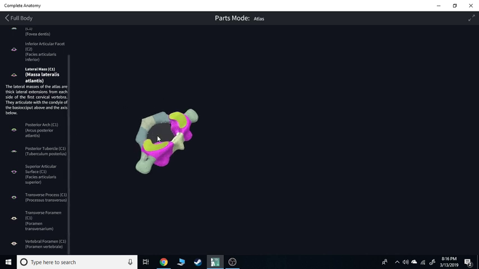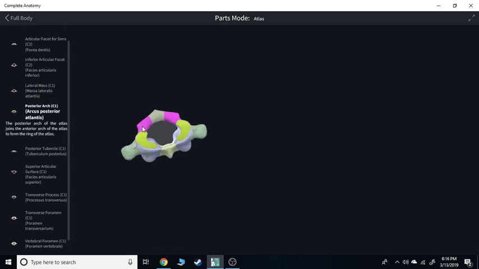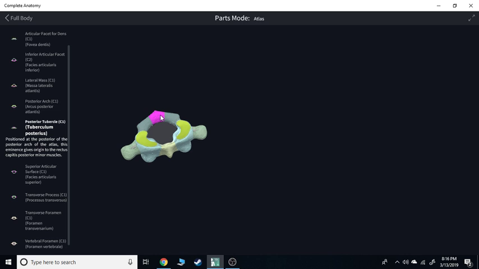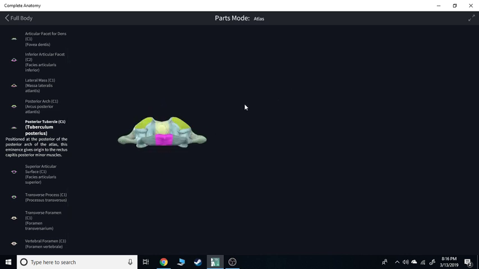Here we have the lateral mass. Lateral makes up the lateral portion of the foramen. Then we have the posterior arch, however you say that. I like posterior. Everybody gets mad at me for that. Anyway, we have the posterior tubercle, and it just forms the posterior portion.